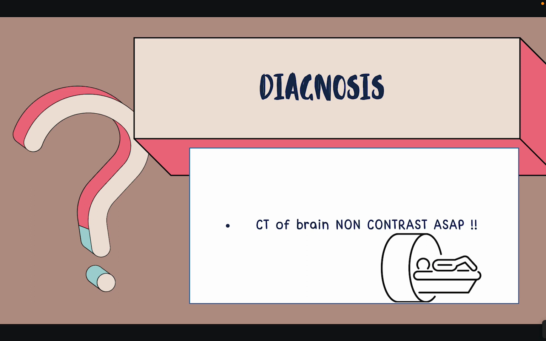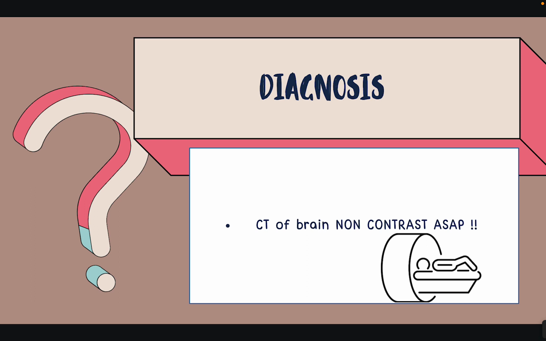If it does not show a bleed and the neurologist who meets us in the CT does their NIH and they still think that this is a stroke, we go ahead and we do a CTA. This is a CT with contrast. So we'll check the creatinine level at bedside with the patient, because obviously we have to give them contrast. And then we give them the CTA, and then the CTA will help us to see if there's a clot.